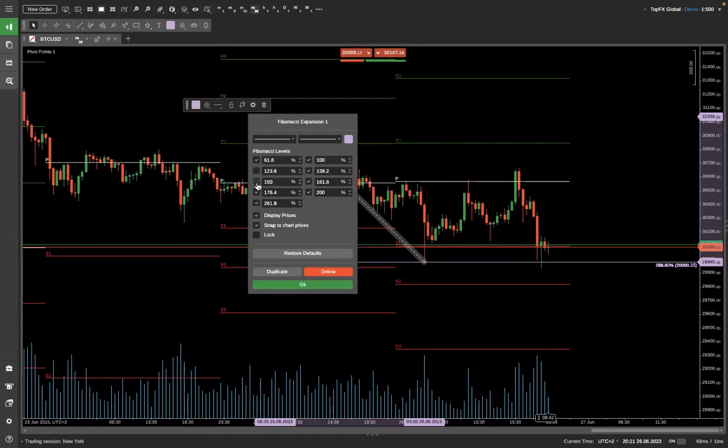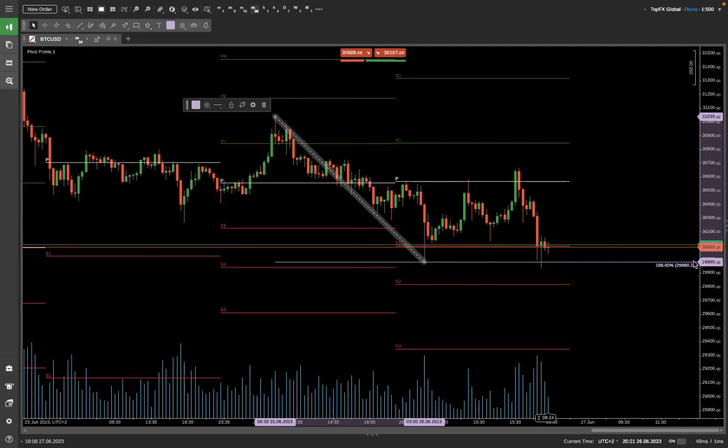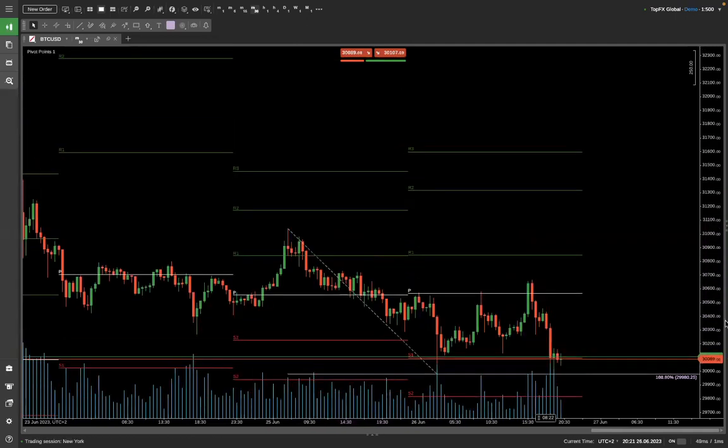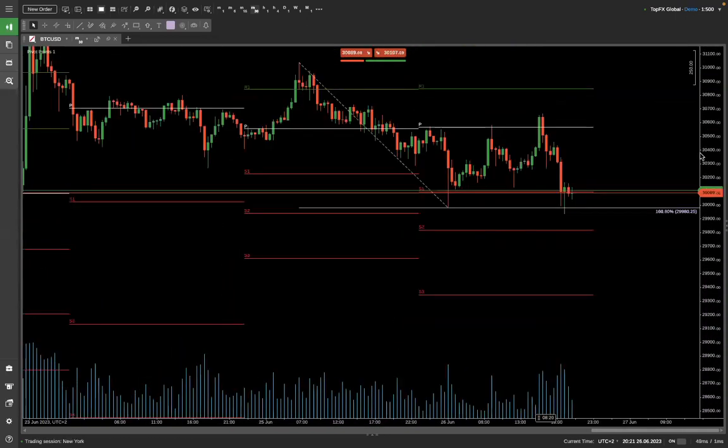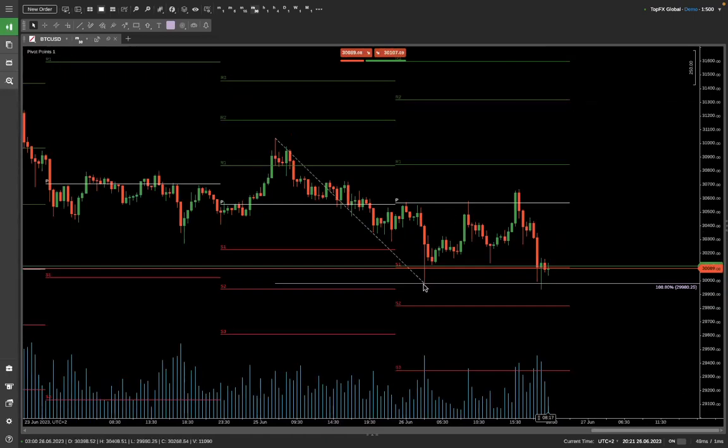We can just get rid of this display prices. Okay, 261 is not that big. This is not very often used. This is the most important one, and this is one of the most important as well. So maybe something like this will be much more helpful in that situation. Let me just take a look. Okay, there you go.